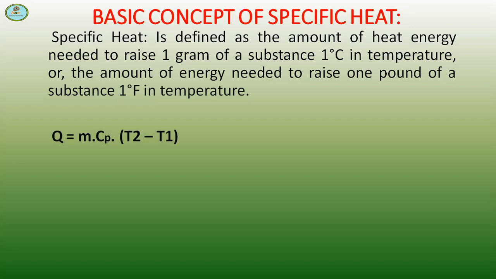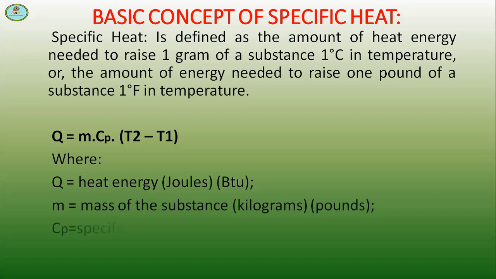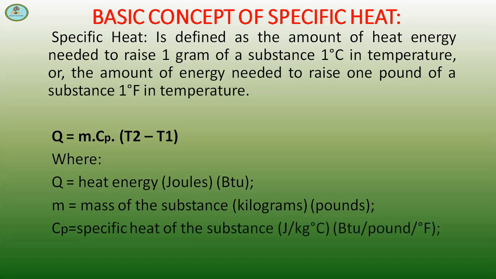Q is equal to m into Cp into (T2 minus T1), where Q is heat energy in joule or BTU, m is mass of substance in kilograms or pounds, Cp is specific heat of the substance in joule per kg degree Celsius or BTU per pound per degree Fahrenheit.